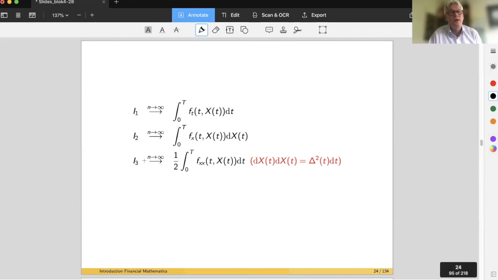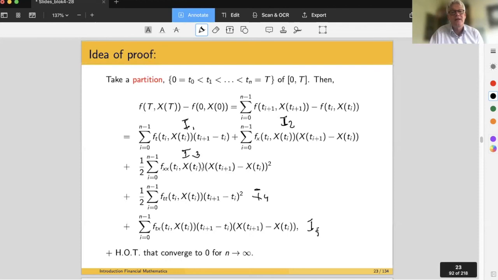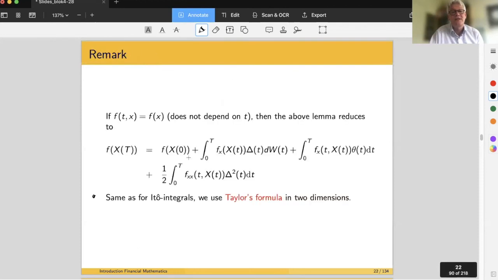For the third one, we make use of the formula dx dx is equal to delta square t dt, and therefore this will give us 1/2 the second derivative with respect to x at (t, xt) times delta square times dt. I missed the delta square here, I think.